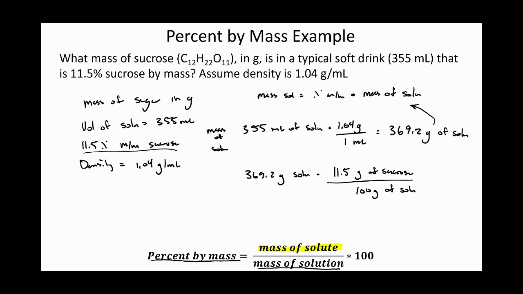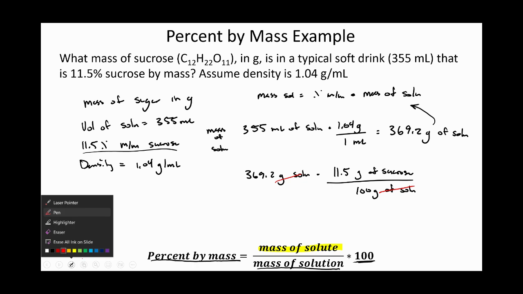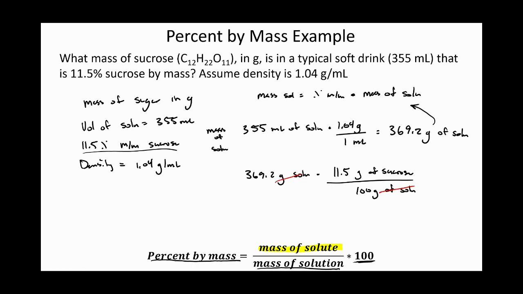Remembering that when I solved for that mass of solute, I also have to incorporate this 100 right here because it's a percentage. When I do that, I can cancel out grams of solution in the numerator and the denominator. And I get that our mass of sucrose is going to be 42.5 grams sucrose, which is just that 369.2 divided by 100 times 11.5.